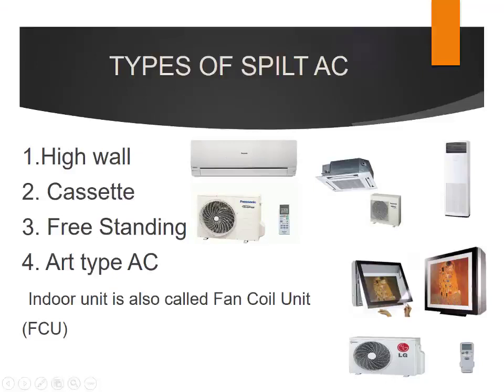These are also examples of the split air conditioner. We have the high wall type. If you say split, it's because the fan coil unit and the condenser unit are split, and they are joined by coils through which the refrigerant passes. So this is the high wall type.